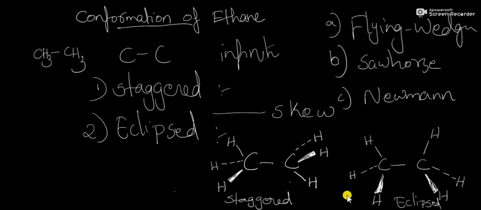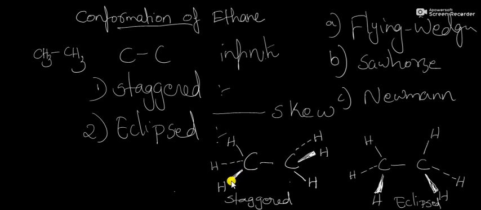This is the flying wedge representation of ethane. Flying wedge representation is also known as wedge and dashed line representation, or it is called perspective formula. Here, three types of notations are used. A solid line represents a bond connecting two carbon atoms lying in the same plane of the paper.